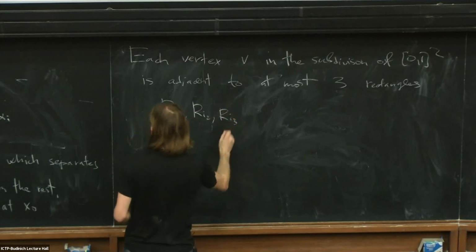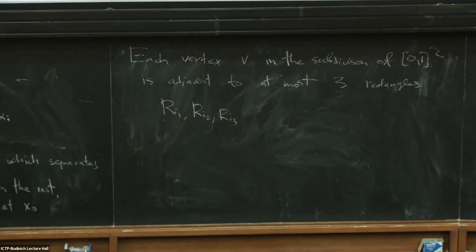So you see each vertex has adjacent to it at most three rectangles.